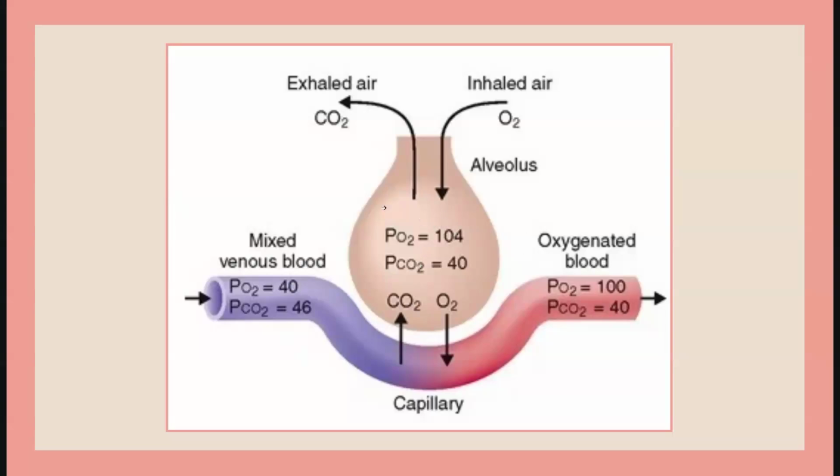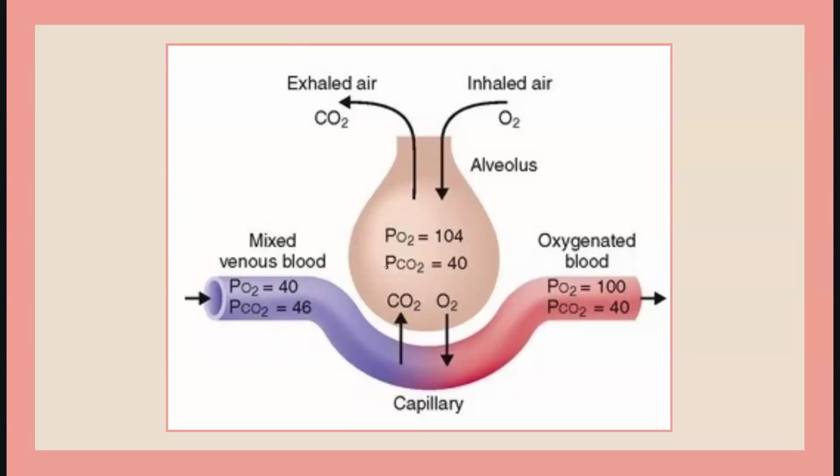The oxygen will move from a place of higher partial pressure into a place of lower partial pressure. So oxygen will go into the blood, and the red blood cells will pick that up. And for the CO2, we can see that partial pressure is higher in the blood because the cells have expelled CO2, and so that will go into the alveoli and out through exhaled air, because the partial pressure is higher inside the blood than in the outside air.